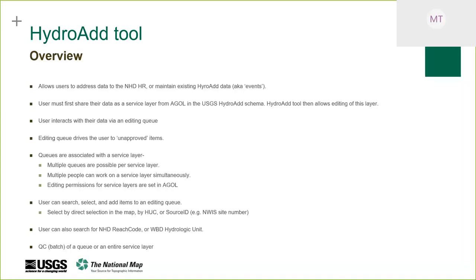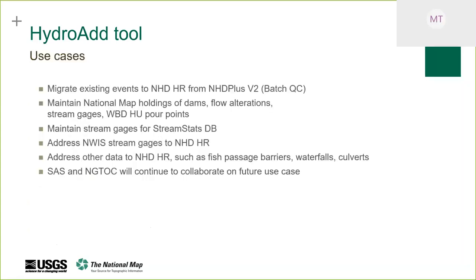Next slide, please. So here are the top use cases. First, users who have events that are already linked to NHD Plus V2 or to the high-res already have existing reach codes.